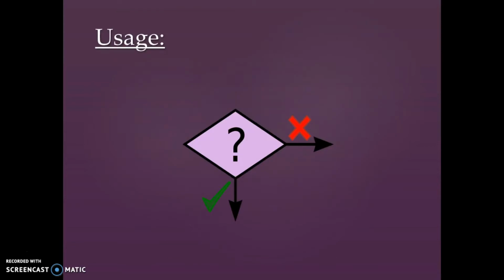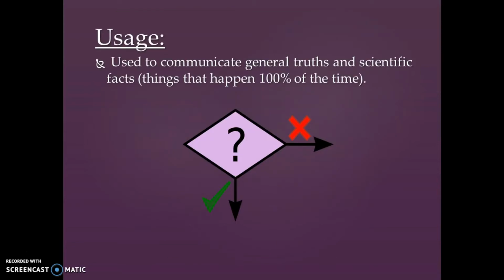So, let's take a look at the usage. We use this grammar to communicate general truths and scientific facts, things that happen 100% of the time. So, my condition in that first sentence was heating water to 100 degrees Celsius. And what's the result? Well, water boils.